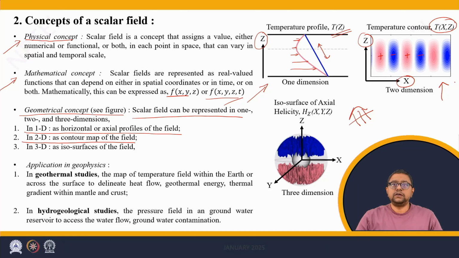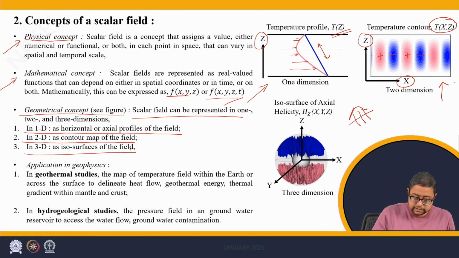Extending this further, we look into the three-dimensional representation of a scalar field. In three-dimensional representation, we choose isosurfaces as the geometrical representation of the scalar field.